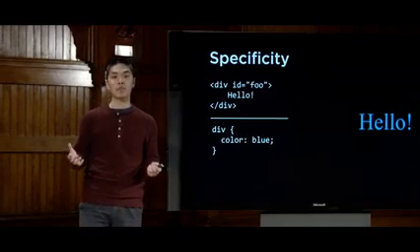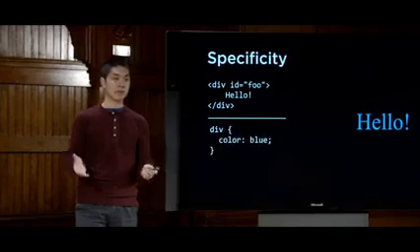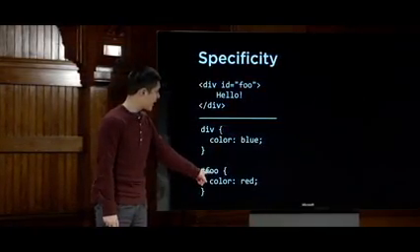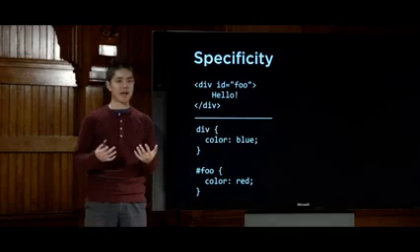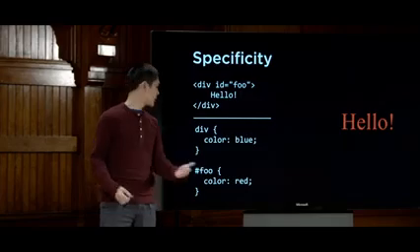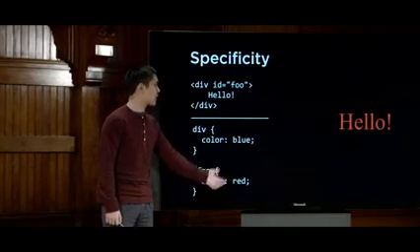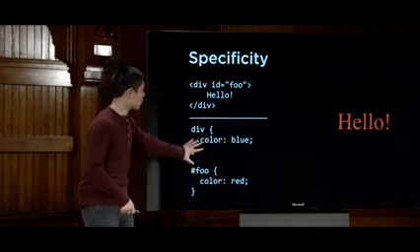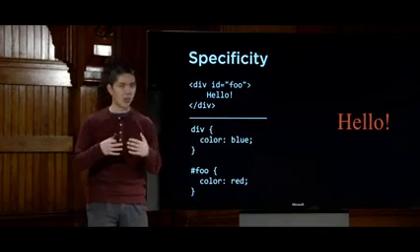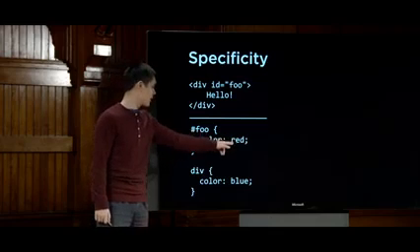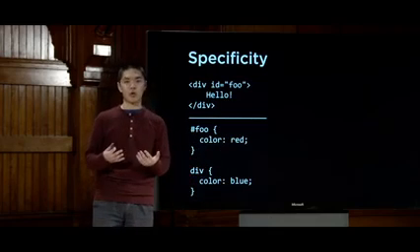After that, specificity goes in order of how precisely we are identifying an element. An ID is a unique way to identify an element. There's only one element with that particular ID. So if I've added style to a particular ID, that is going to be pretty highly valued in terms of how specific it is. Next, we look at classes. If there's no ID selector, we look for whether we referenced the element by its class, and if so, that takes next precedence.